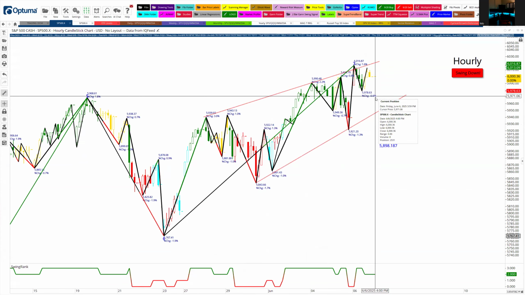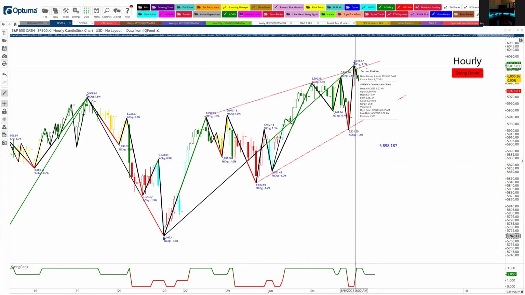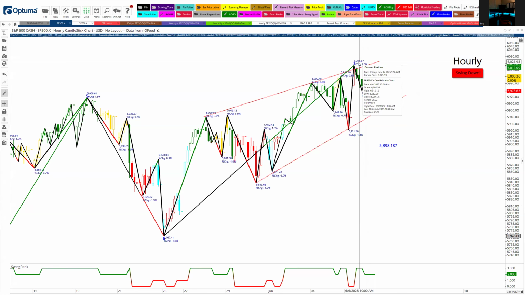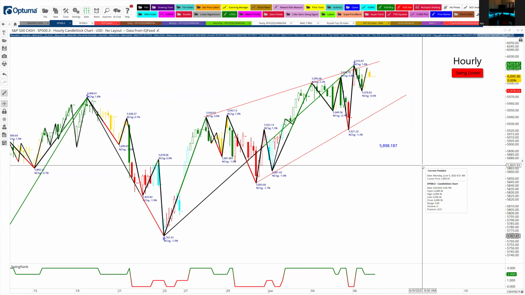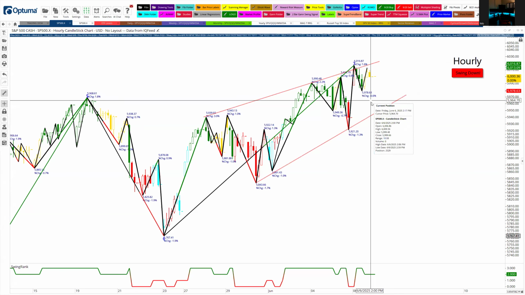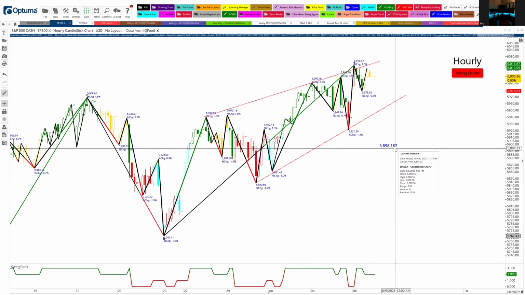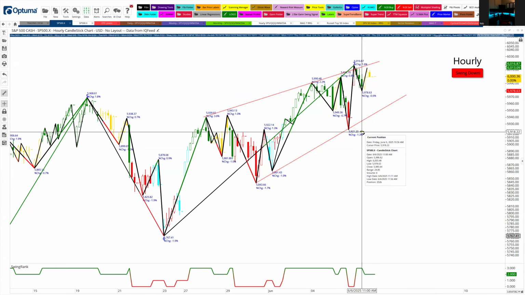The higher the swing counts get, the more it increases the chances for a rollover. It is already showing me a downside target right now, 58.98, roughly 5,900. So the same 59.21 that I'm talking about is right here.